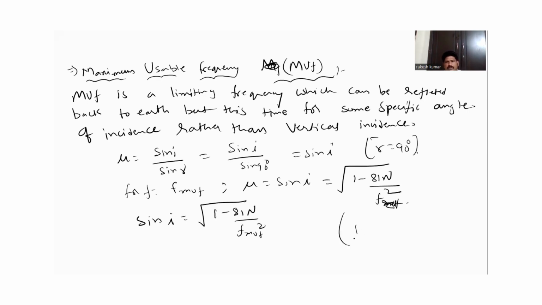You know that the critical frequency fc is equal to 9 root N. So from this fc square is equal to 81 N. So in the place of 81 N, I can replace with fc square.